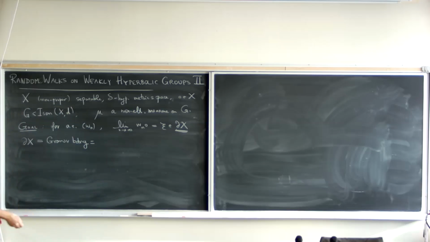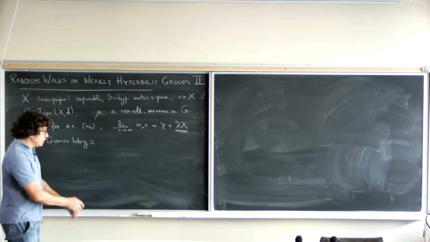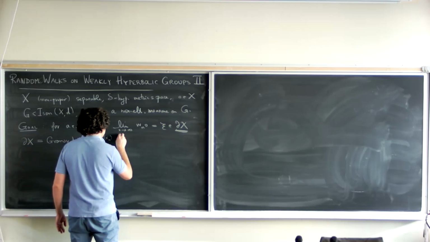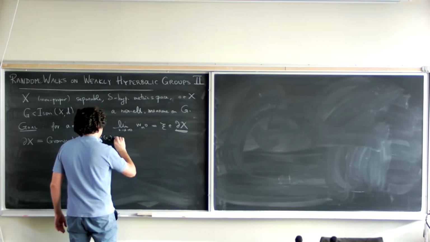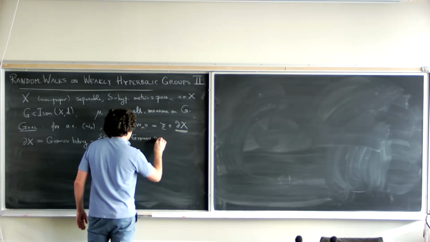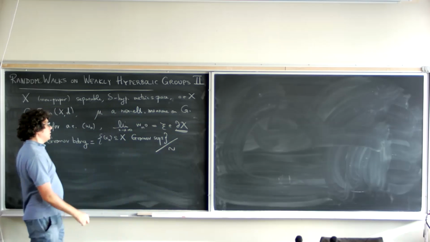So intuitively it is the space of rays emanating from a point, up to identifying two rays that fellow travel each other. We also define it as a space of Gromov sequences, x_n in X. We saw last time how to do it formally.